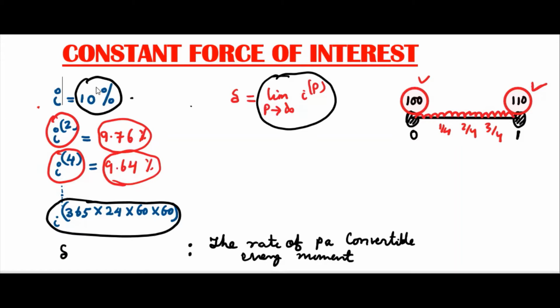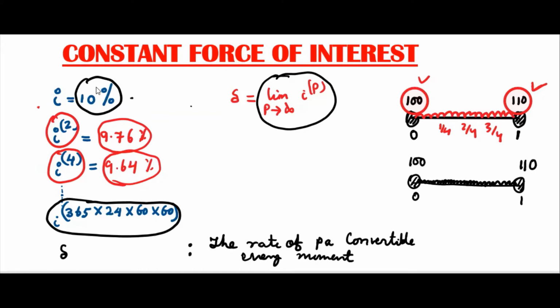So here we have infinite moments. Remember that. So your money will be compounded an infinite number of times. Every moment your money will be compounded. However, you get 110 after 1 year.